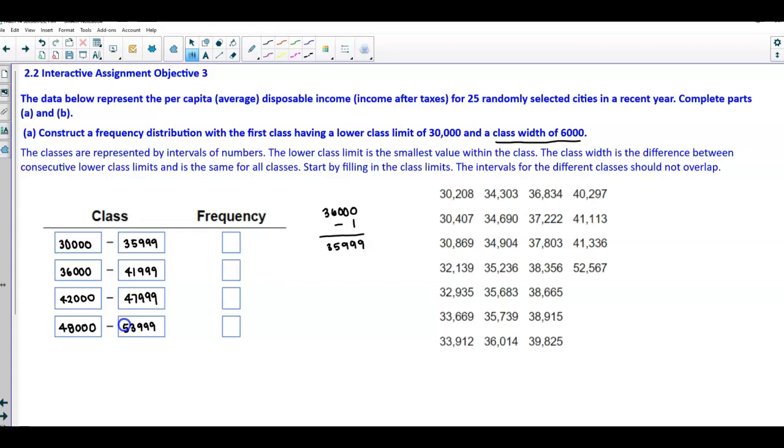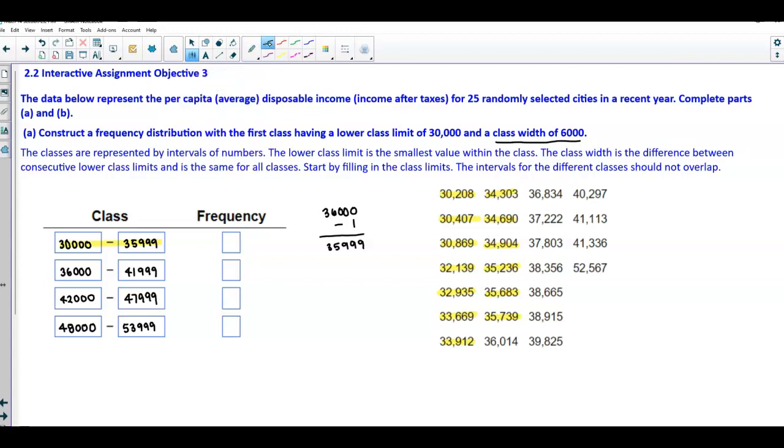Okay, now we want to find the frequency. We need to locate in our data set all the values that fall between 30,000 and 35,999. So we have 1, 2, 3, 4, 5, 6, 7, 8, 9, 10, 11, 12, 13.